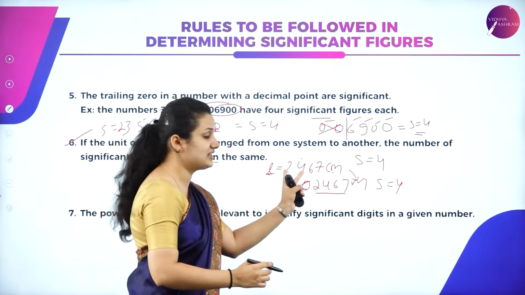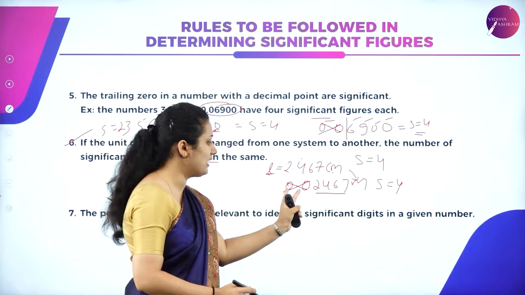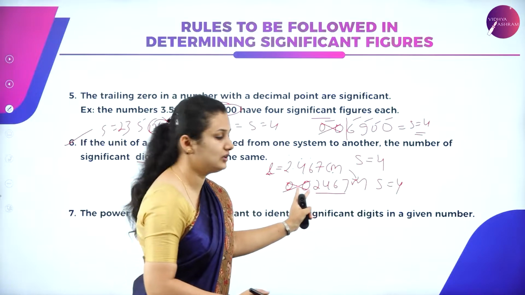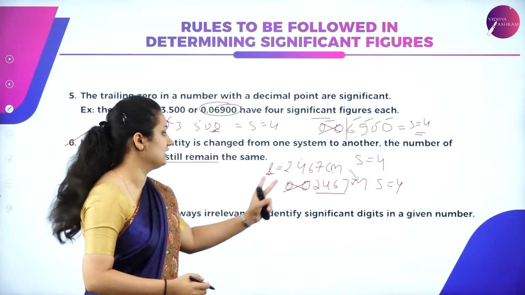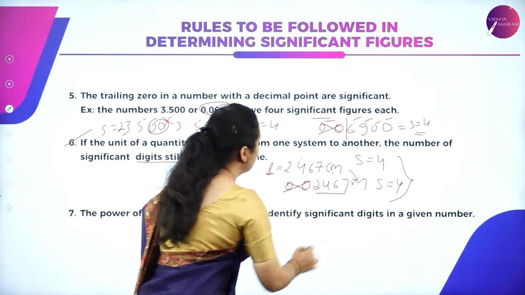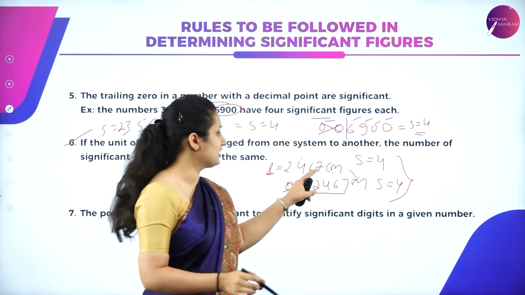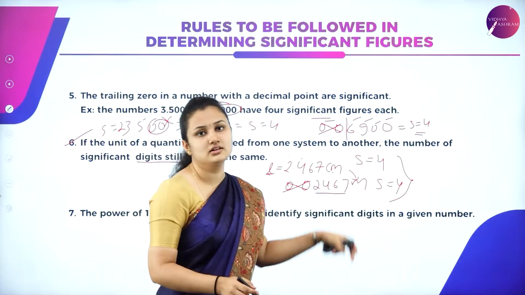The first length, in centimeter, has 4 significant figures. Even though you have 2 zeros, from rule 3 we know that these are insignificant. That's why there are again 4 significant figures. Both have 4. So significant digits remain the same even though you convert from one system to another system.